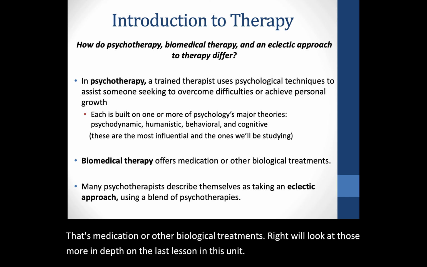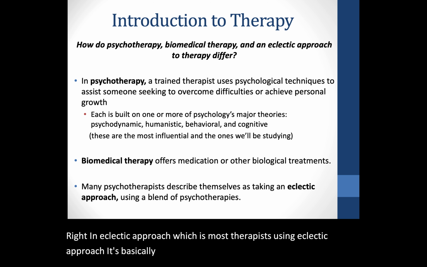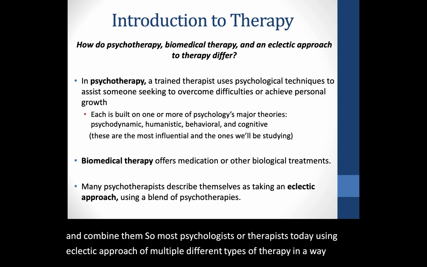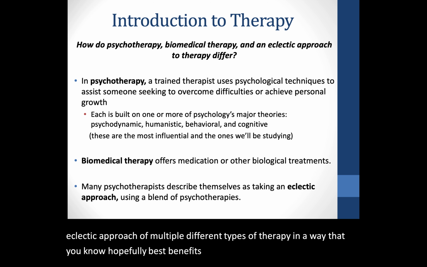Right, so an eclectic approach, which most therapists use, is basically a blend, right? You take parts of different methods and combine them. So most psychologists or therapists today use an eclectic approach of multiple different types of therapy in a way that hopefully best benefits their client.